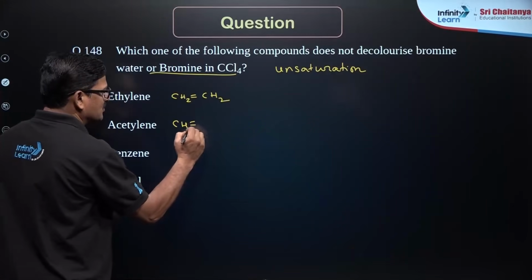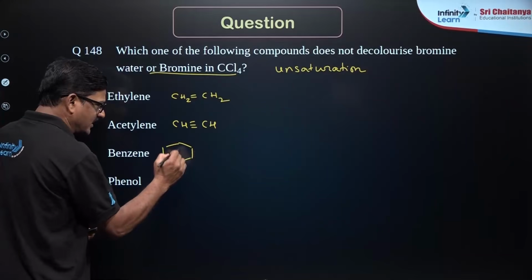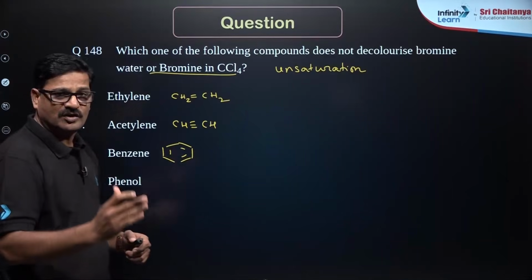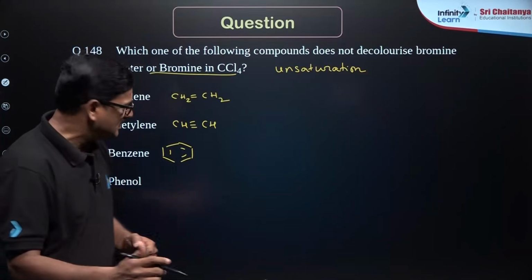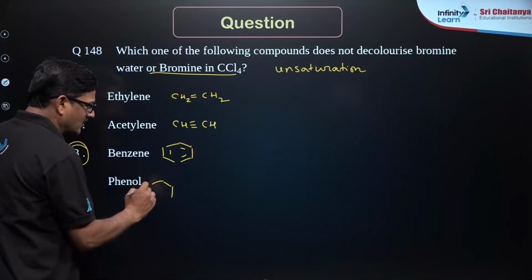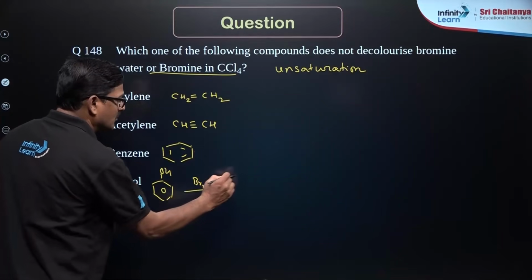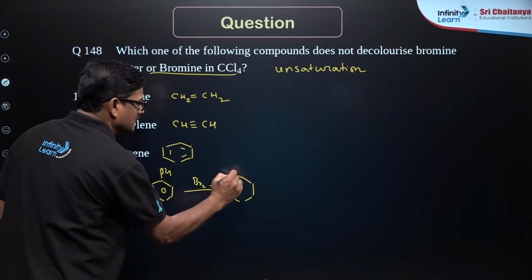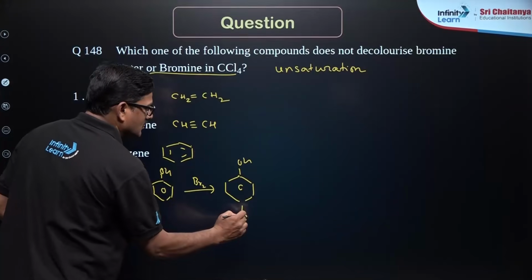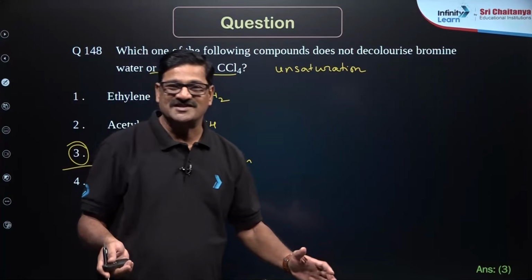Acetylene, CH triple bond CH, decolorizes. Benzene, though it has 3 double bonds in it, does not behave like an alkene because of the delocalization of the pi electron system. And phenol decolorizes. Why? Because with bromine you are going to get a substitution product, so it decolorizes. So my answer for this question is going to be option 3.